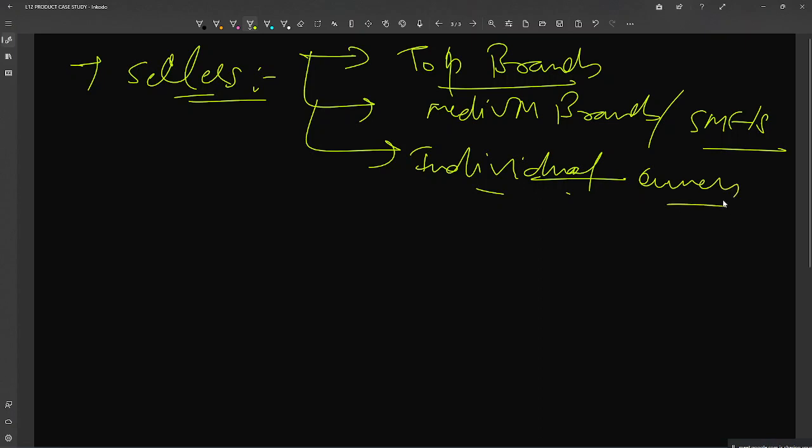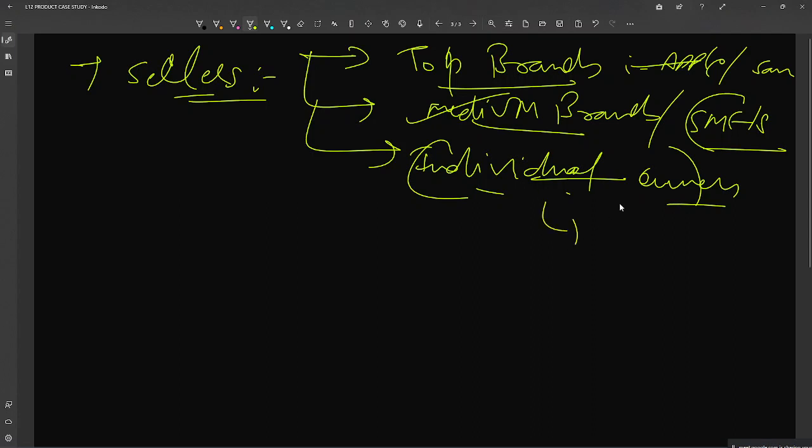In simple terms, you can classify the sellers into three categories. Top brands, let's say Apple, Samsung, will fall under this bucket. Medium brands include small and medium enterprises, small shop owners, and local shops in the metro cities. Then there are individuals. Let's say tomorrow I launch my startup or my own company and I want to list my product on the Amazon website. Then I will fall under this bucket of individual owners.